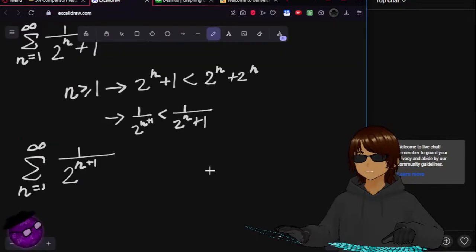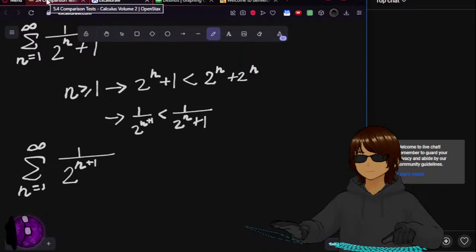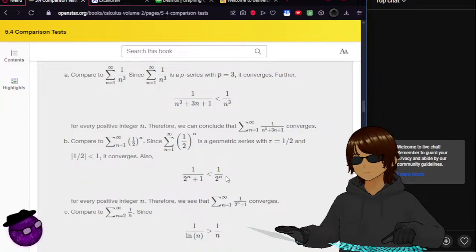Lesser than 2 to the power of n. Oh, it's a geometric series, right?